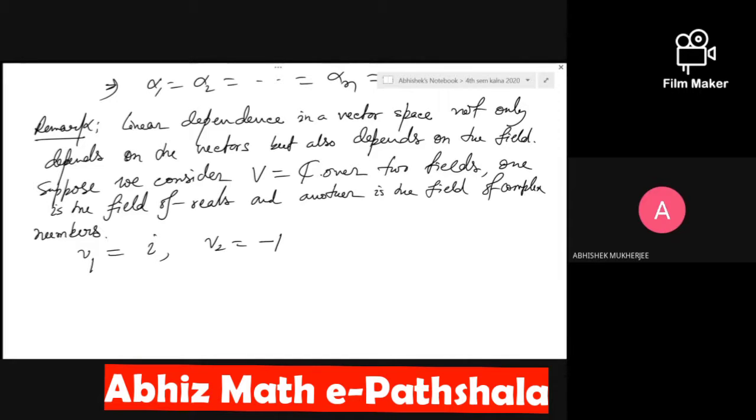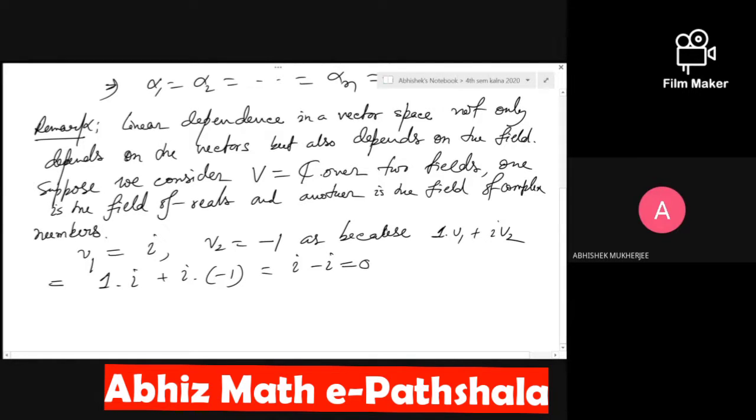It is linearly dependent because we can write 1 v1 plus i v2, and that would be 1 times i plus i times minus 1. So it is i minus i, and this is 0.